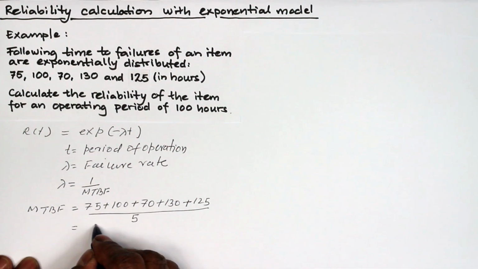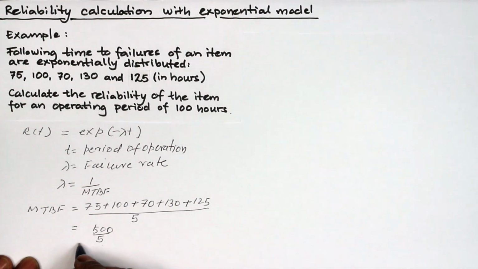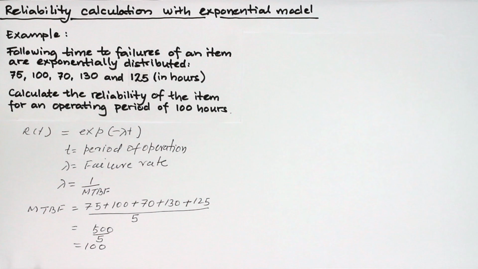It comes to 500 divided by 5. So mean time to failure is 100 hours, and lambda becomes 1 divided by 100, which is 0.01.